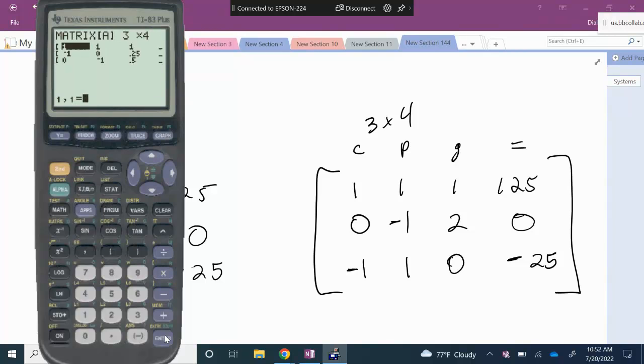All right, so this is 1, 1, 1, 125, 0, negative 1, 2, 0, negative 1, 1, 0, negative 25.